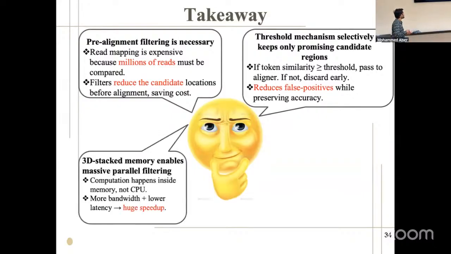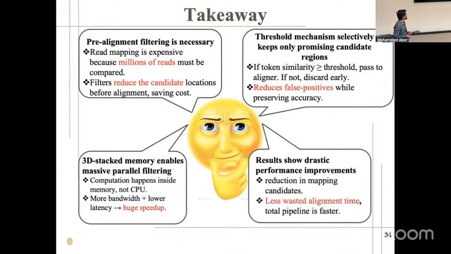Next, they have used the 3D stack memory, which enables parallel filtering and parallel operation, and also gives us more bandwidth, lower latency and a huge speedup. Finally, with the combination of all these steps, the result shows a drastic performance improvement with this GRIM filter.